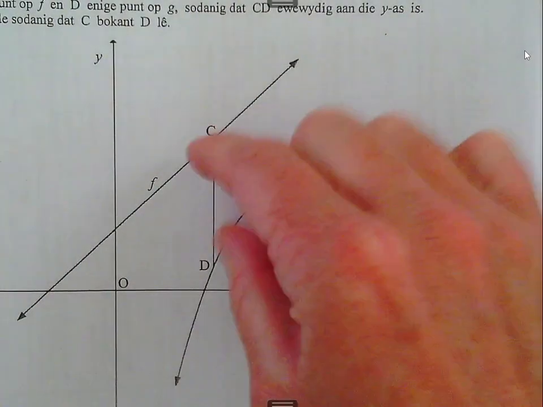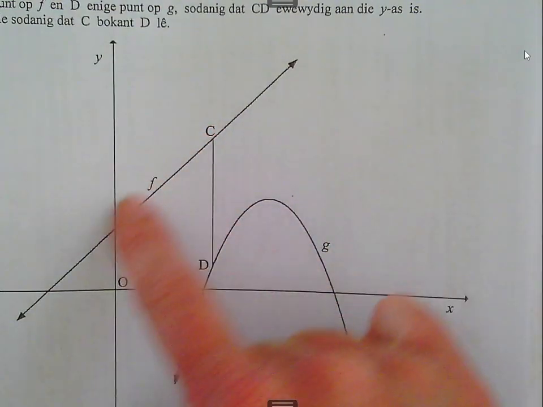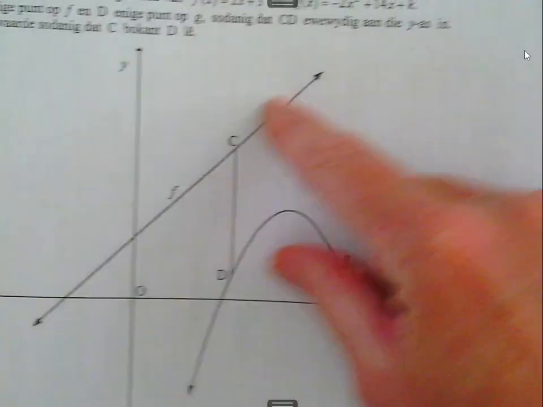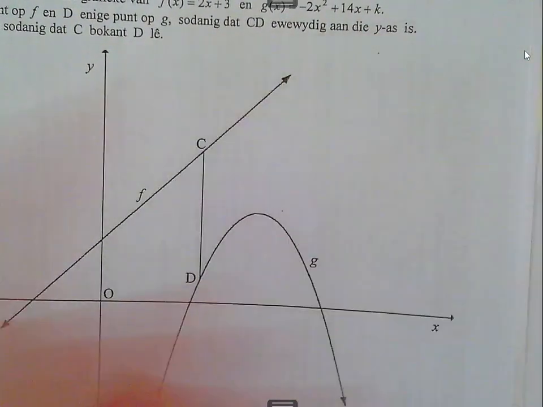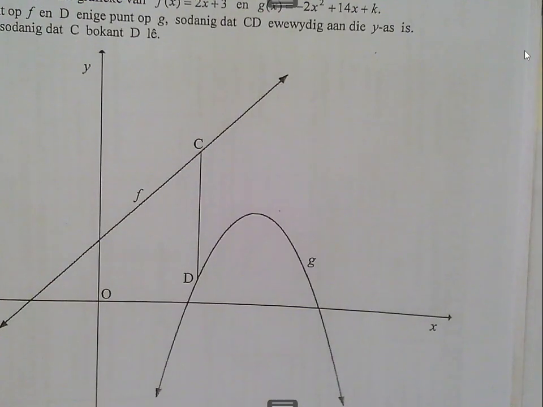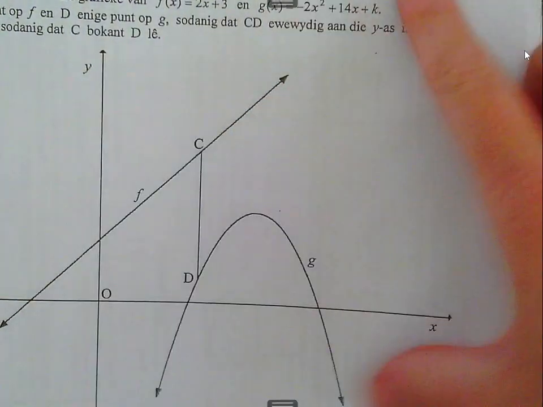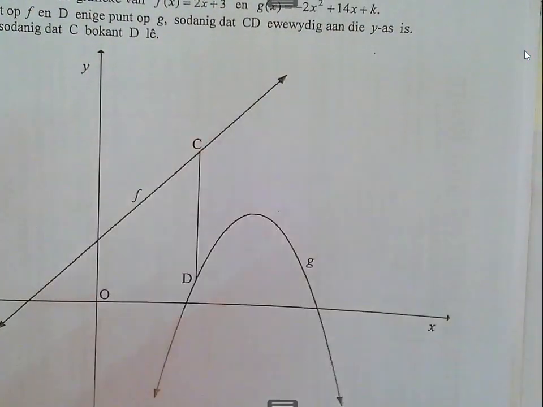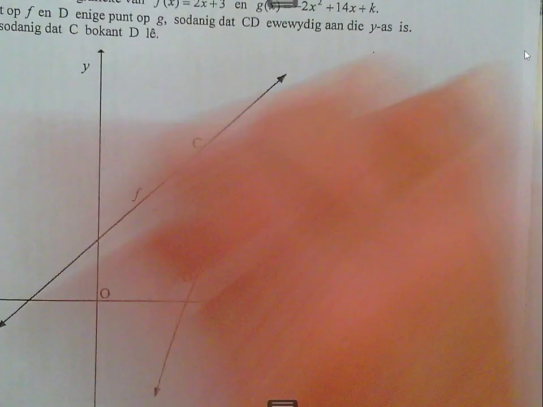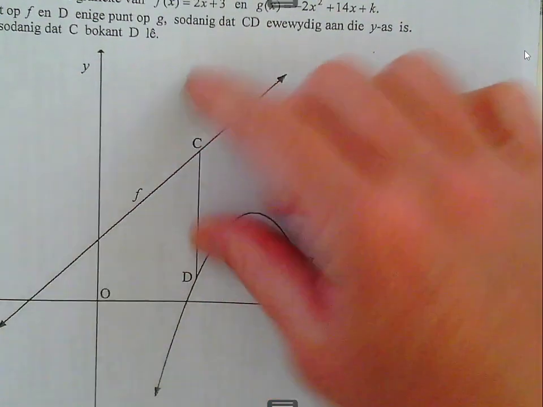So if I look at the length of this line and I move further away, that line is going to get longer and longer, and that side it's going to get longer and longer. So this line does not have a maximum value. The maximum value is infinity. But this line does have a minimum value.